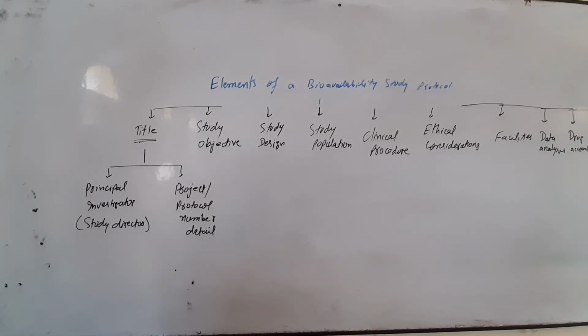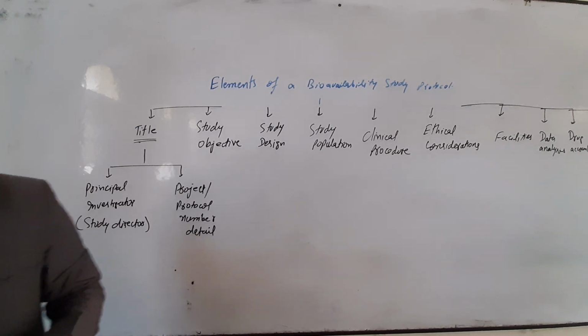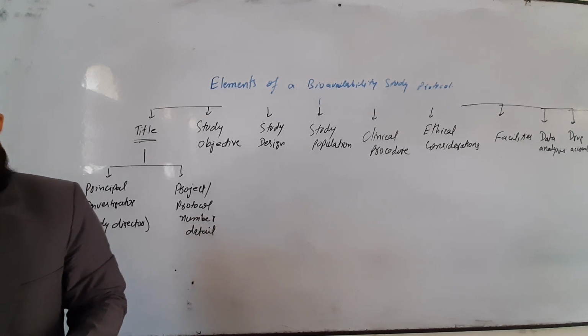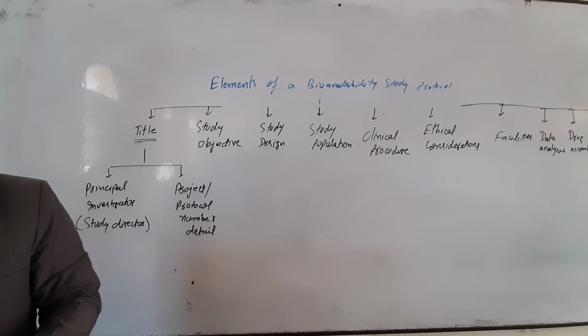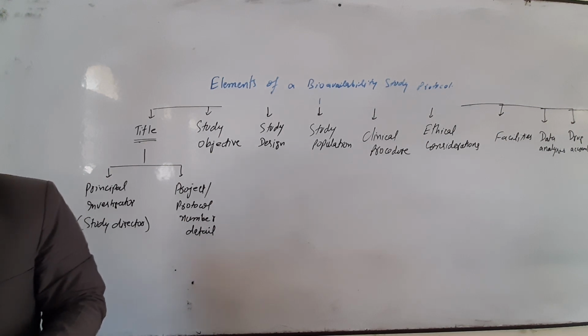The title should be very much clear for the sake of this. And especially the objective should be clearly stated. The main objective of the bioequivalence study is that the drug bioavailability from test and reference product is not statistically different when administered to the patient or the subject.